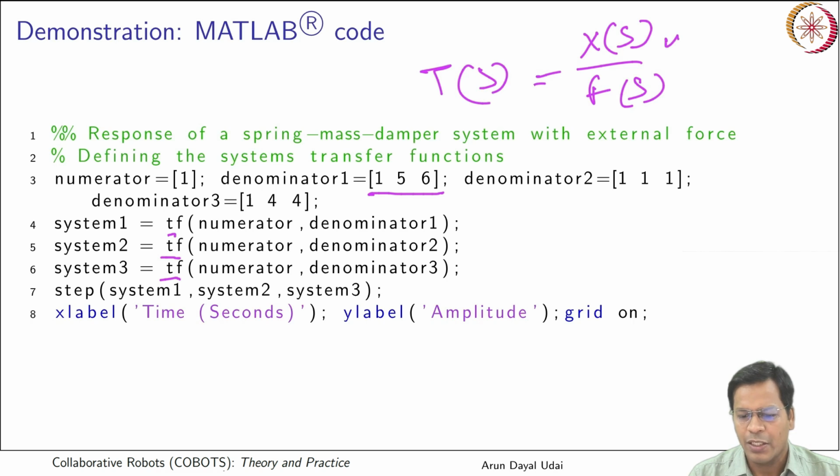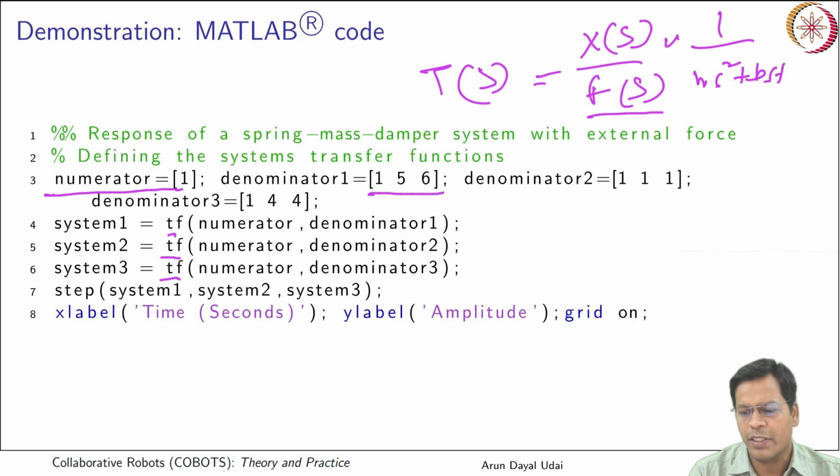So Xs is the numerator; numerator you have one only, denominator you have Fs, output by input. So that is the transfer function. You see Xs by Fs, that should give you 1 by (ms square plus bs plus k). So that basically gives you the transfer function.